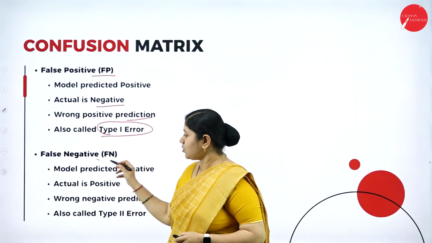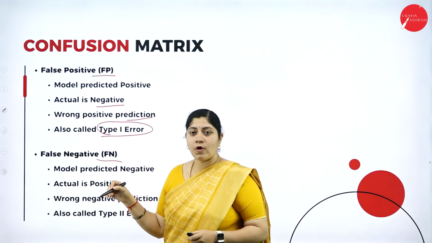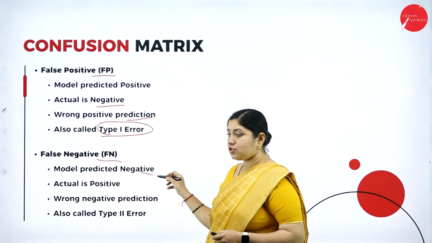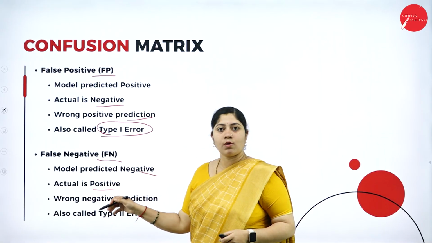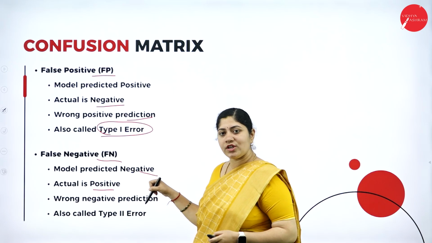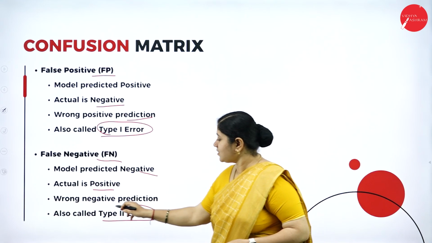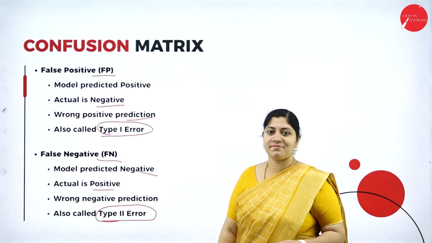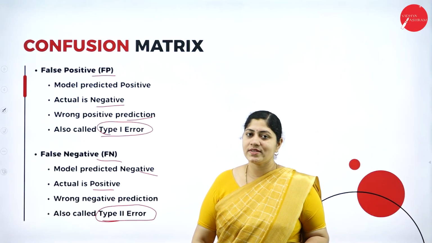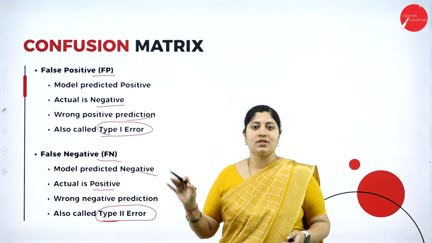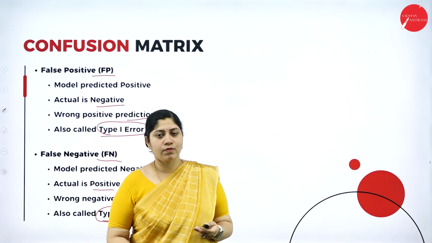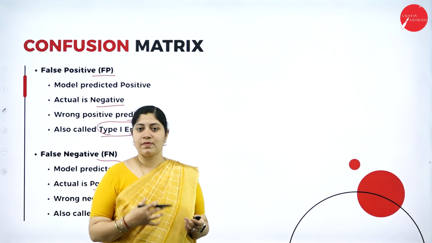Up next is false negative, or FN. The model predicts negative and actually it is positive, a wrong negative prediction, also called a type 2 error. Clear? So this is our FP, FN, TP, TN. Let's move forward and see a simple example.